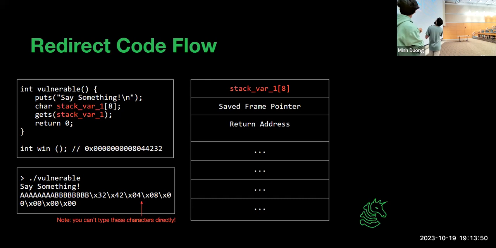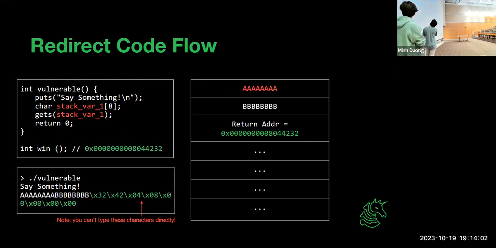So if we have our win function, which might print out the flag or do something that we want to happen, if we have it located at this address, which I'm not going to ramble out, if we have an overflow, we can actually fill it with unprintable bytes, because nothing is stopping us from piping the input to this program via some automation.